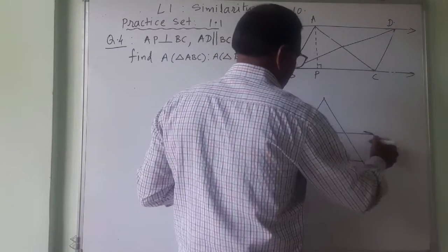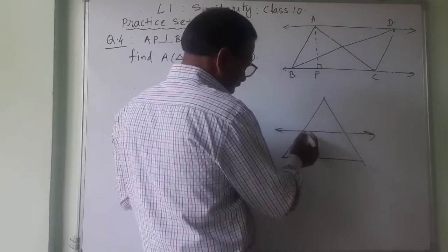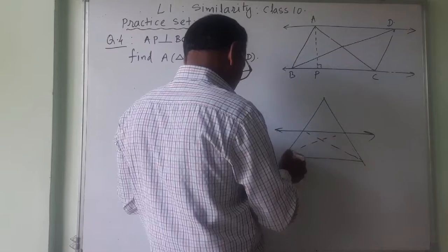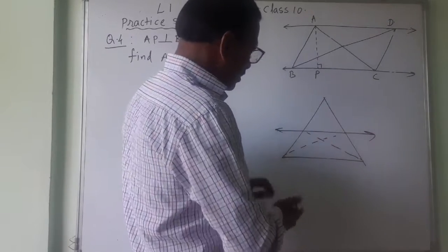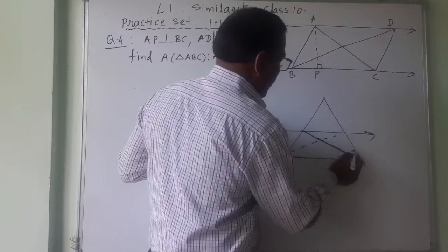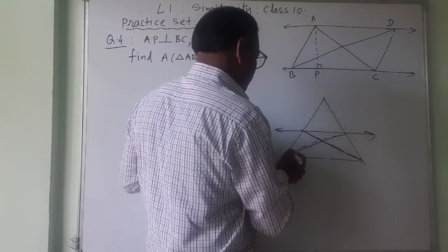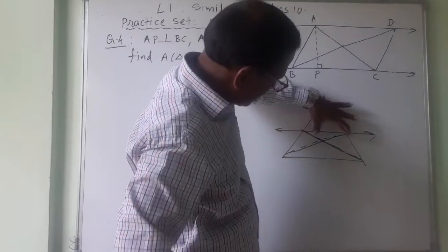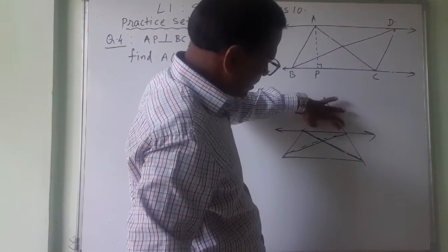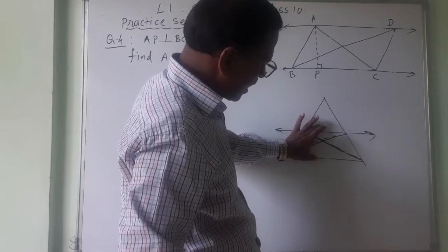This is a line parallel, and here two triangles were forming. This one triangle and this another triangle. This triangle, the base is this. For this triangle also base is this, and they are lying in the parallel lines.